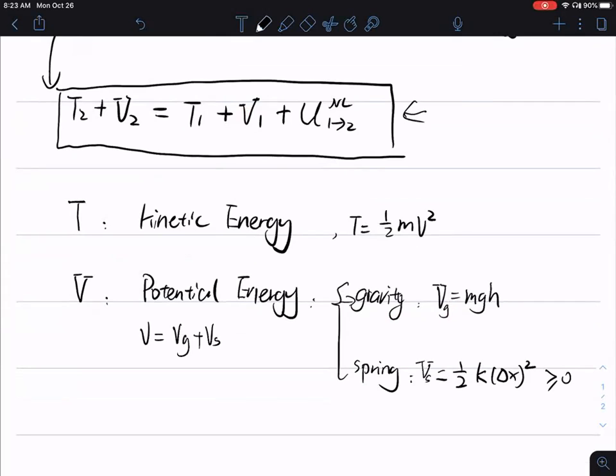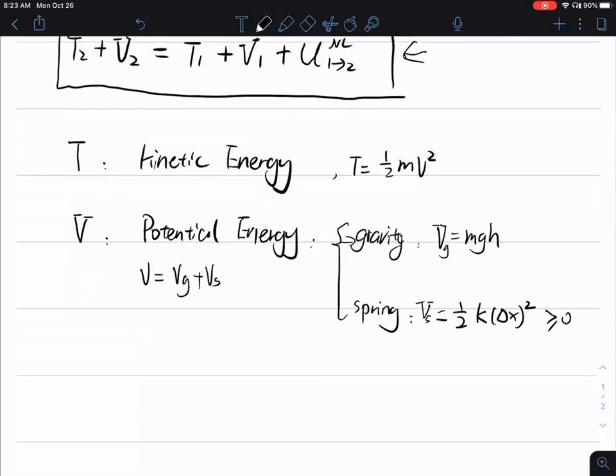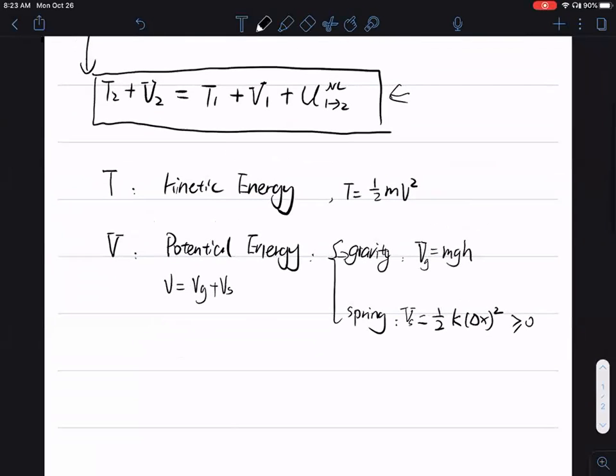It depends on the system. Sometimes we don't have a spring. Sometimes everything is on the same level, so we don't have to consider gravitational potential energy. But potential energy is the sum of gravitational potential energy and spring potential energy. Any questions here?